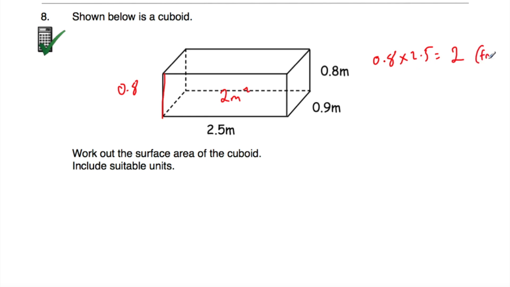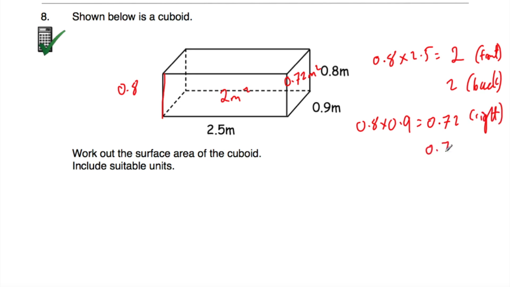So that's the front, and it would also be the same for the back as well, so another 2 meters squared for the back. So now the right hand side of the cuboid, we've got 0.8 times 0.9, so 0.8 times 0.9 is equal to 0.72 meters squared. So that's the area of the right hand side and the left hand side of the cuboid.